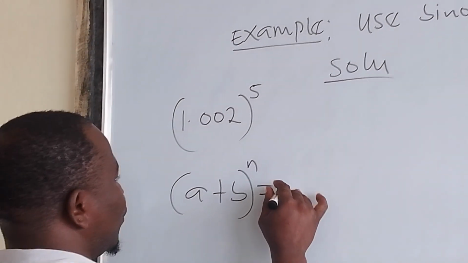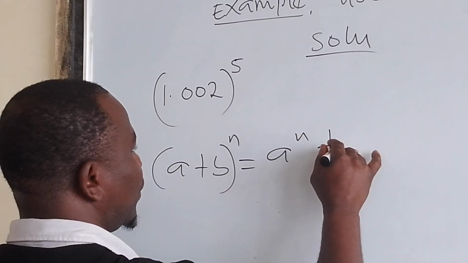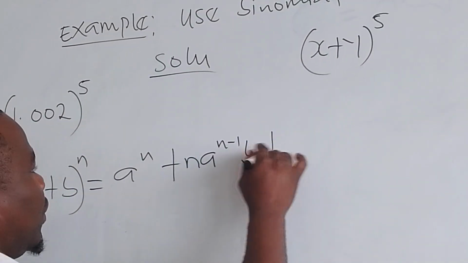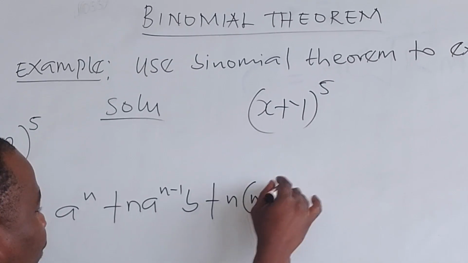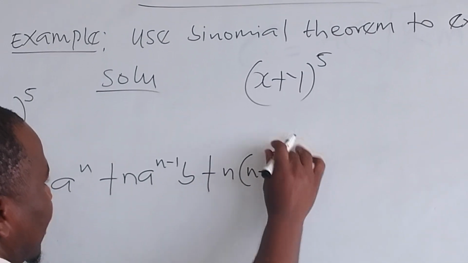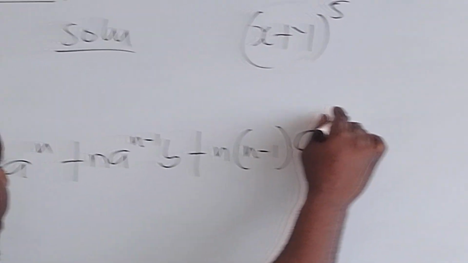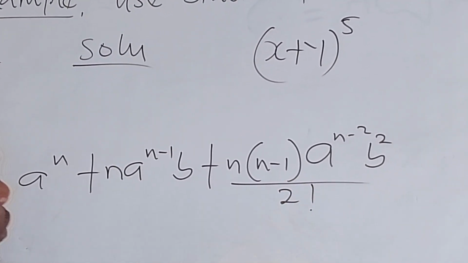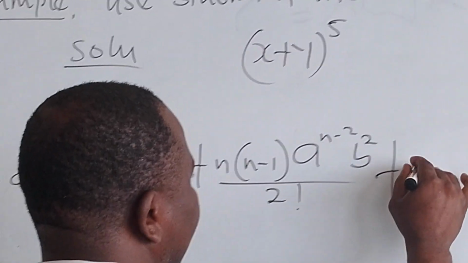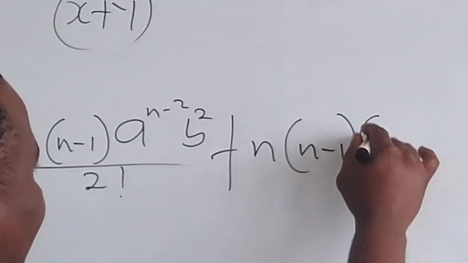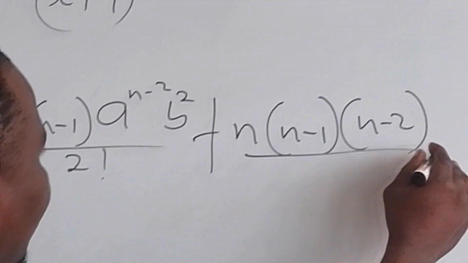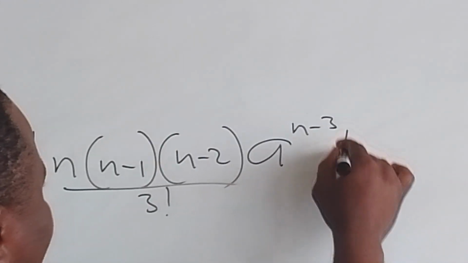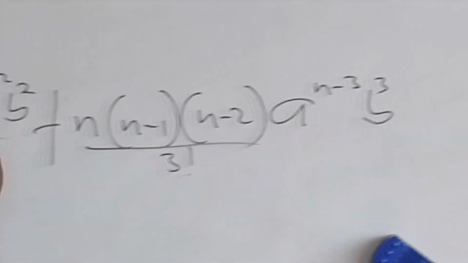It means this is equal to a raised to the power of n plus n a raised to the power of n minus 1 times b plus n(n minus 1) times a raised to the power of n minus 2 times b raised to the power of 2 all over 2 factorial, plus n(n minus 1)(n minus 2) all over 3 factorial times a raised to the power of n minus 3 times b raised to the power of 3, isn't it?